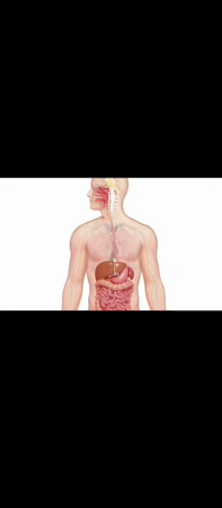See, we eat through the mouth. After that, we chew the food in the mouth and it breaks down into smaller pieces by our teeth. And in our mouth, there is saliva which makes our food soft. Then the food passes through the food pipe to our stomach, where the food mixes with the digestive juices.